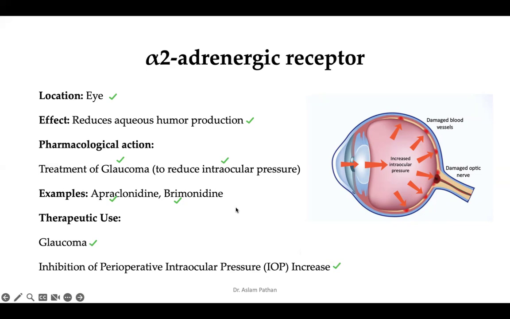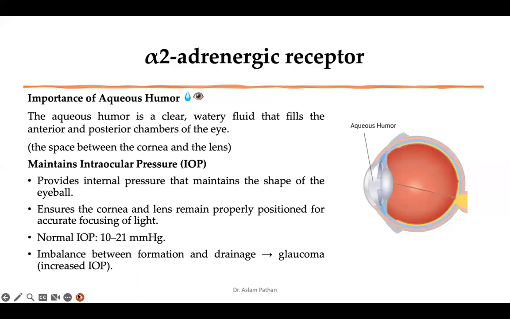Now, we mentioned aqueous humor production. We should know the importance of aqueous humor. The aqueous humor is a clear watery fluid that fills the anterior and posterior chambers of the eye, the space between the cornea and lens.